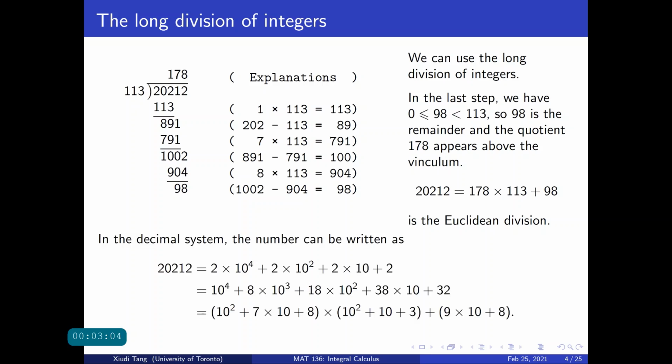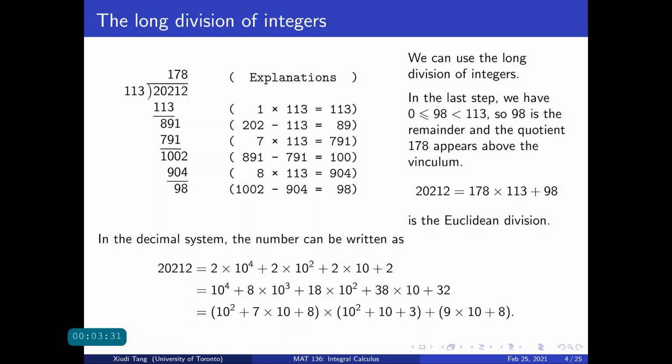By the way, from that we know that the fraction 20,212 divided by 113 can be written as the integer 178 plus the proper fraction 98 divided by 113.